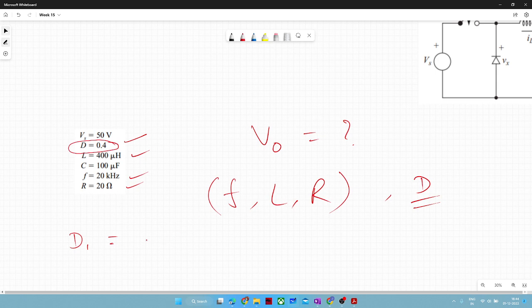minus D plus square root of D square plus 8L by RT, all divided by 2.